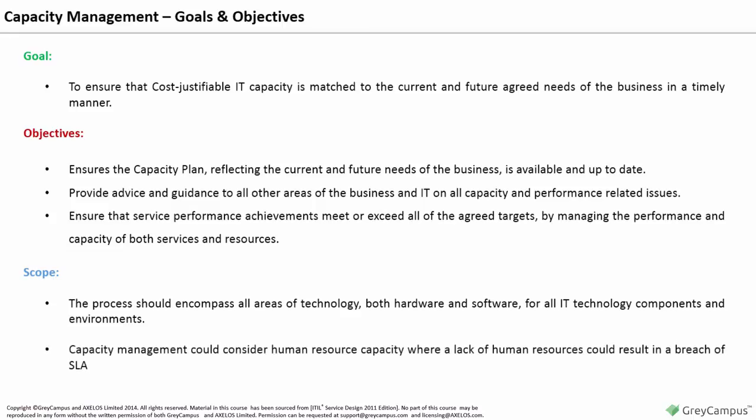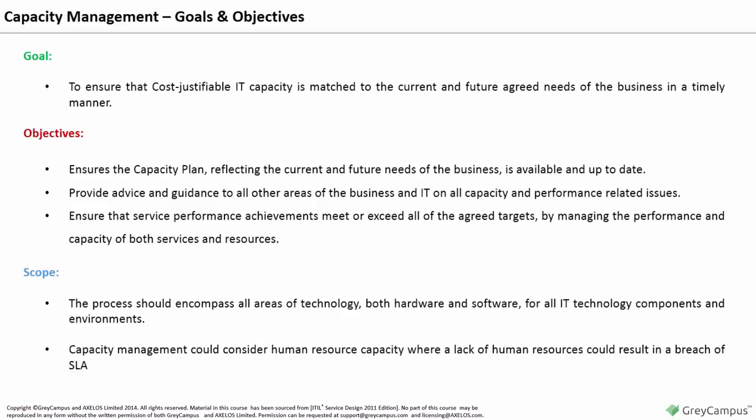Capacity management could consider human resource capacity, where a lack of human resources could result in a breach of SLA or OLA targets, a delay in the end-to-end performance or service response time, or an inability to meet future commitments and plans, e.g. overnight data backups not completed in time because no operators were present to load required media.